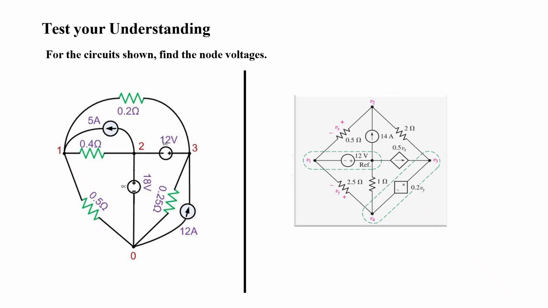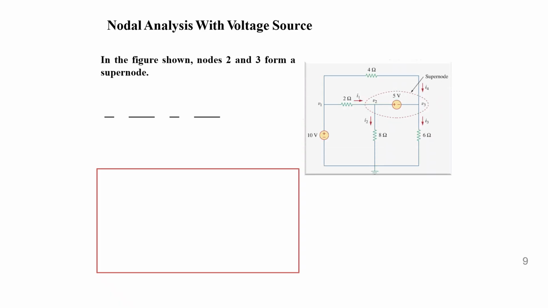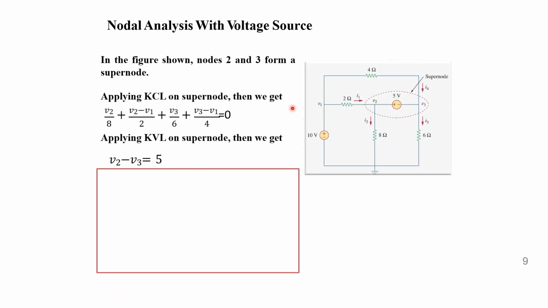So these circuits are based on case 2 and case 3 of nodal analysis. The user may try it. Let us take the example of this particular circuit. Node 2 and node 3 form a supernode. Now in the supernode, let us apply KCL.